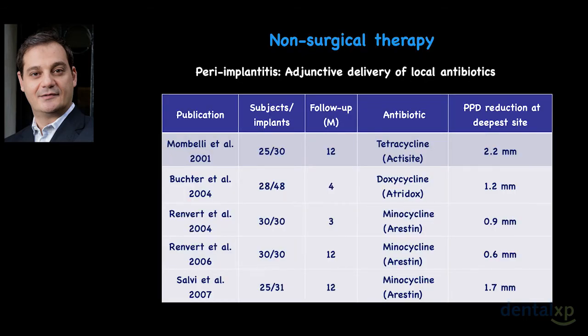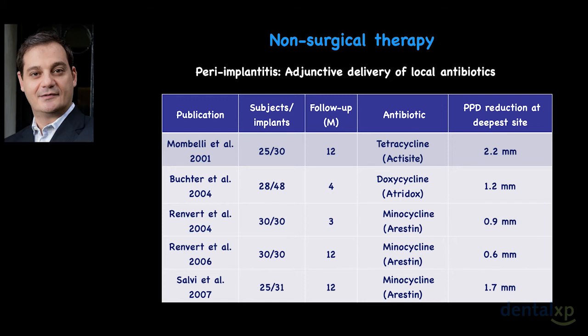How about the antibiotic addition, especially the local delivery of antibiotics? Here you can see the ones that exist. There was one in the late 90s, early 2000s that does not exist anymore. It was called Actisite, a kind of band, like the retraction cord that we used to have, with tetracycline.